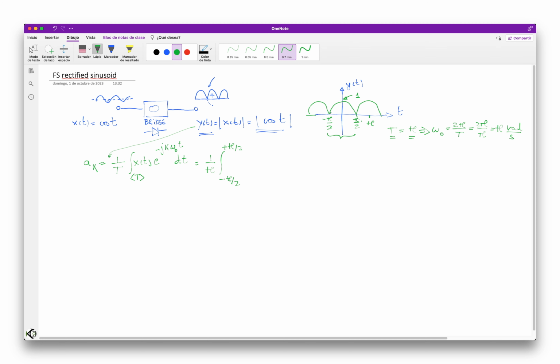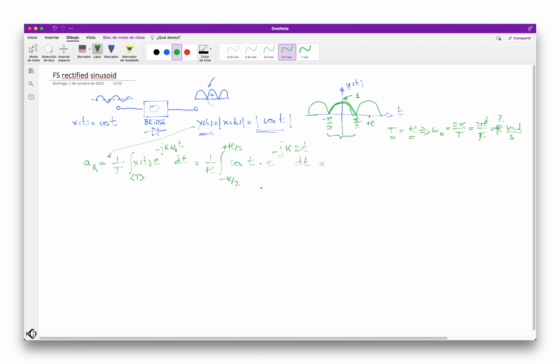In this period, x(t) is the positive part of y(t), so it will be cosine of t. If I had to pick another period, it would be cosine of t but shifted to the right or to the left. Times e to the minus j k omega 0. We have seen that omega 0... sorry, this is wrong, this is 2. So omega 0 is 2, times t, dt.